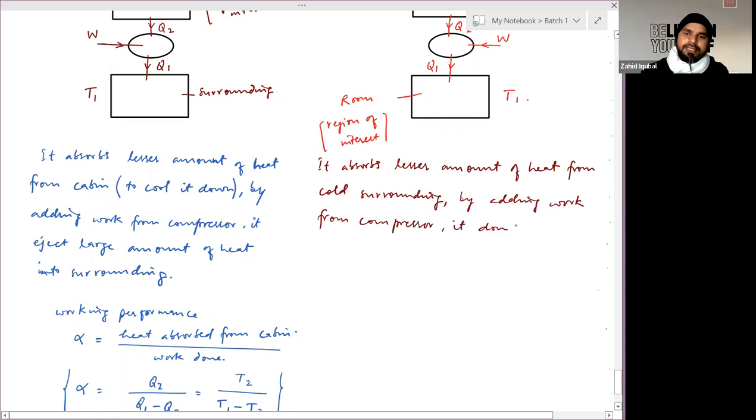It donates a large amount of heat into the room to warm it.